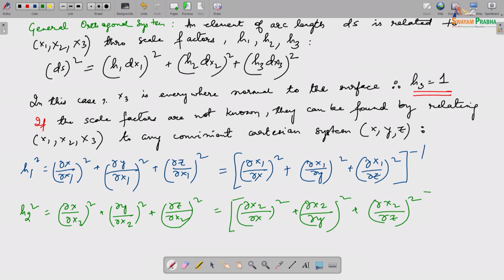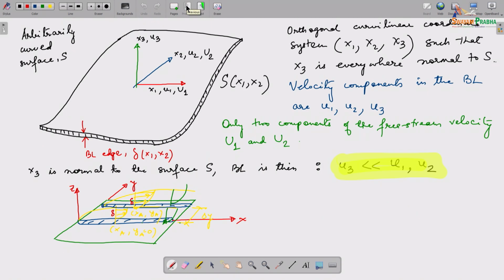And right here of course H3 is equal to 1. So now finally, we essentially have this arbitrarily curved surface S. We have defined the curvilinear coordinate system x1, x2 and x3. We have two free stream velocity components, and these are velocities within the boundary layer.